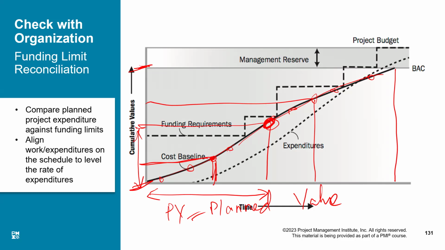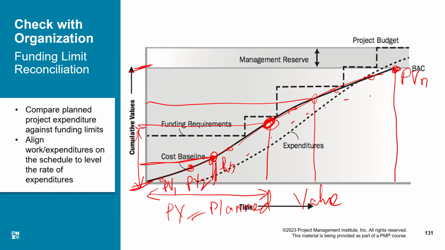So I could say this point is PV1, this point may be PV2, this point could be PV3, and so on until the highest point is PV of nth time, PV on the last day of the project. That is as per the plan.